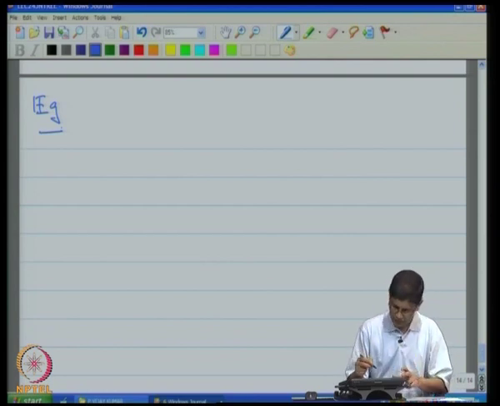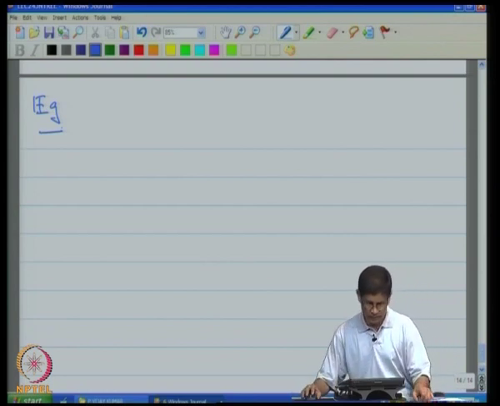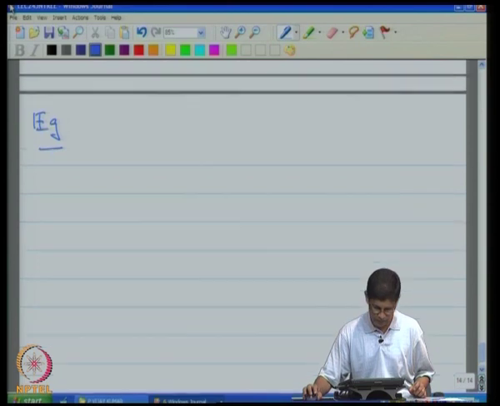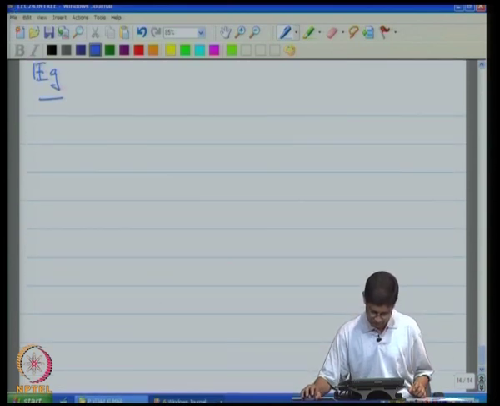Consider the 742 code which we had examined earlier.